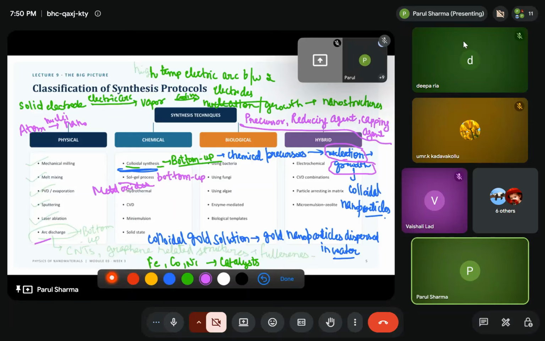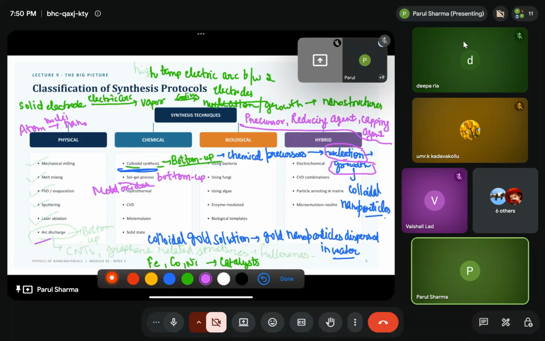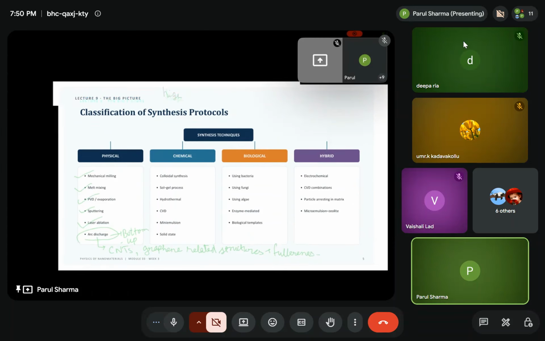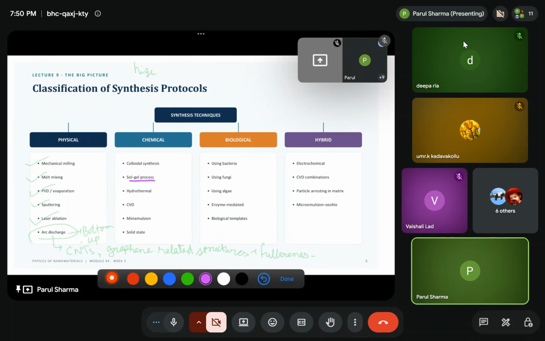So what is the basic sequence? We have the precursor, then hydrolysis, then condensation.